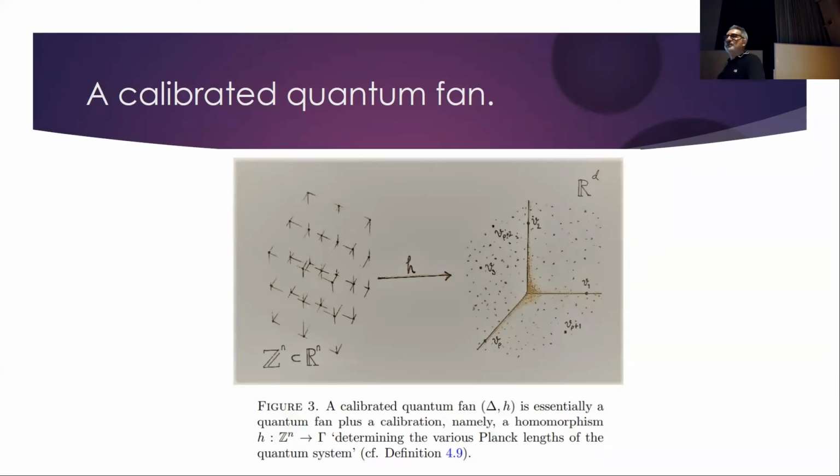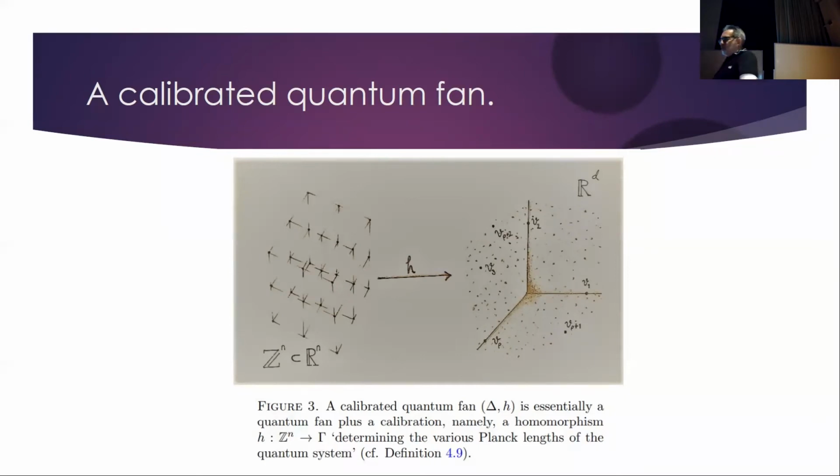So H, no longer H bar, now I call it H, is a map from Z to the N to R to the D. And the canonical generators give me these vectors. Sometimes they have to cover all the one rays of the fan, but there could also be a few additional vectors there, additional degrees of freedom, and that's okay.